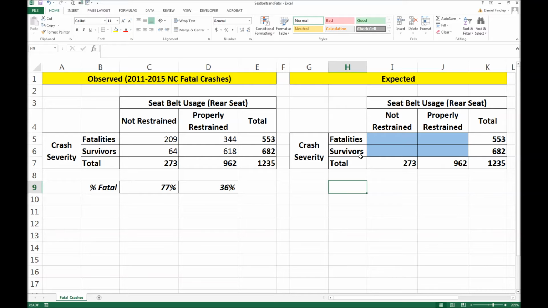And generate our expected values so we can perform our chi-square test. So to generate expected values, we need to multiply the row total by the column total and divide by the overall total. We can do this for each cell.